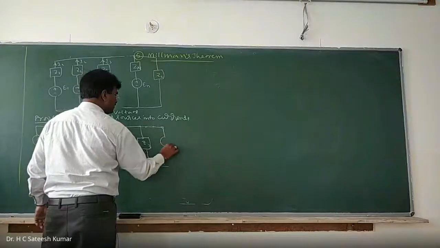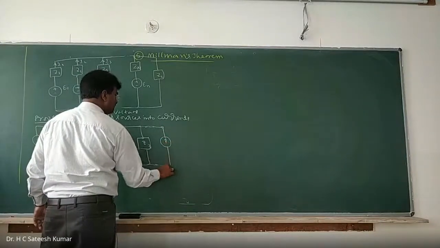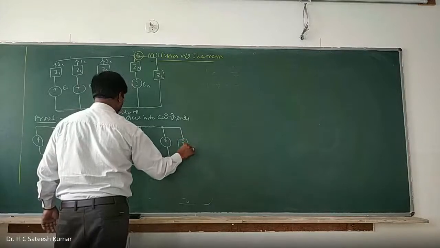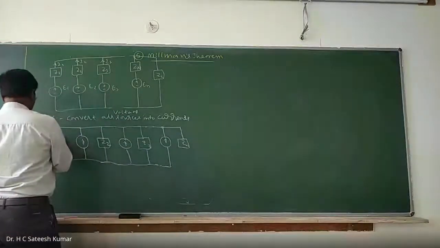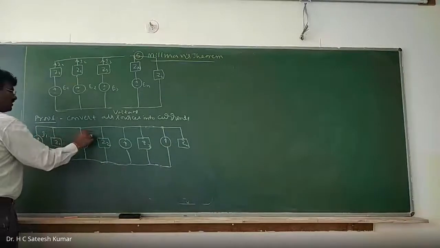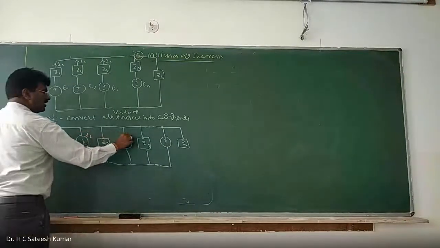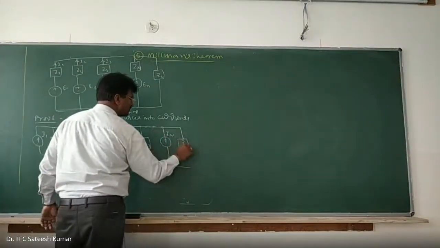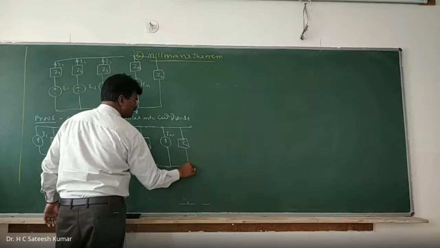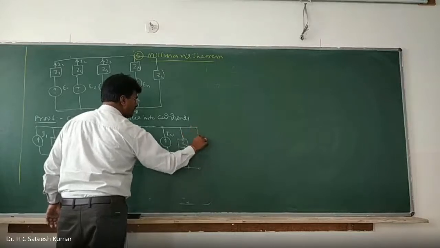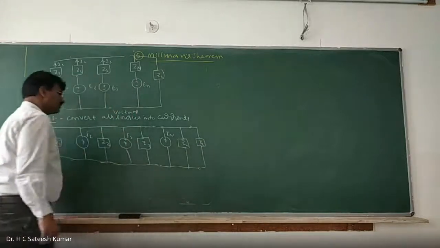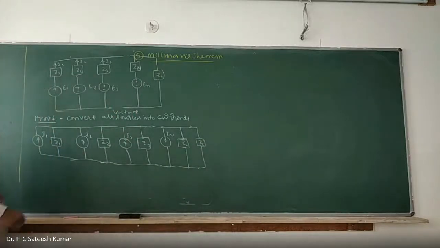Here also one current source in parallel with an impedance Zn. So this is your I1, I2, I3, In. This is Zn and the load ZL.